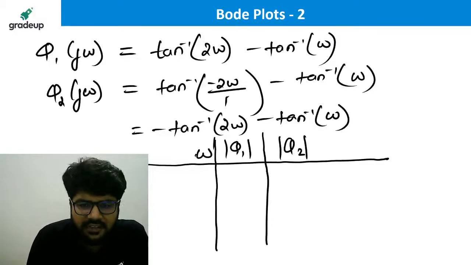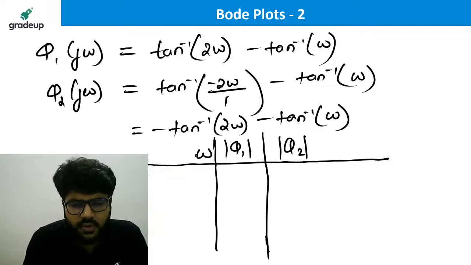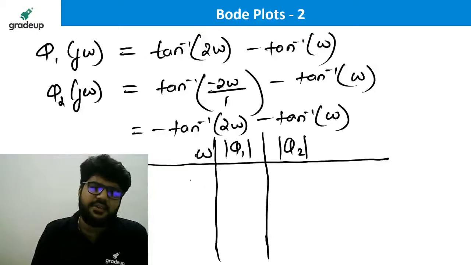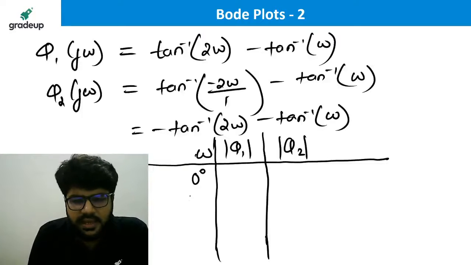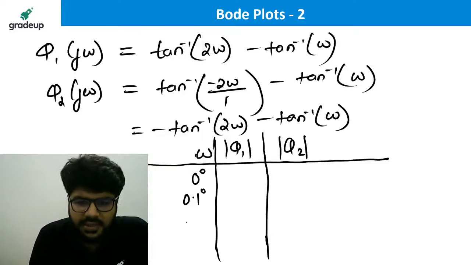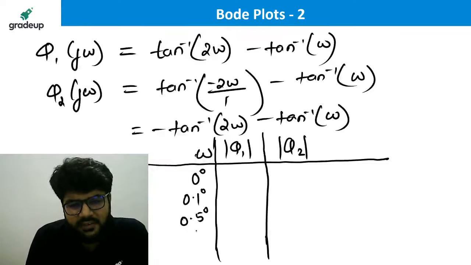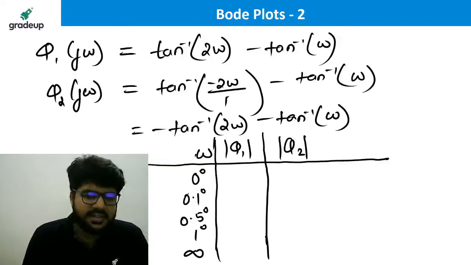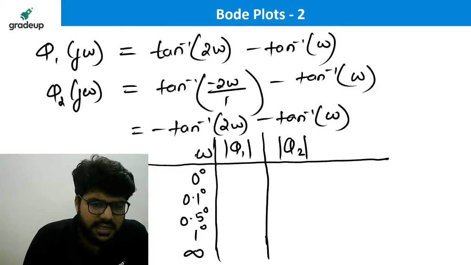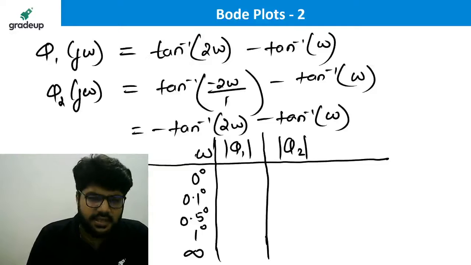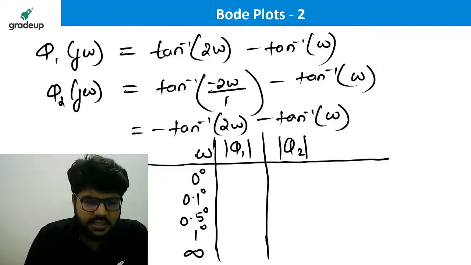Now I'm taking mod phi 1 and mod phi 2 values. Let's take some values of omega: 0, then 0.1, the starting frequency of the magnitude response, 0.5, 1, and then take it towards infinity. Let me write down those results here.